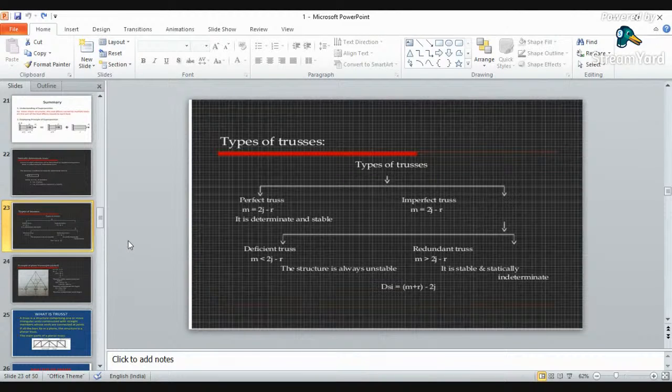Again, if you have collinear forces or concurrent forces, which meet at the same point, that will also be an unstable condition. So there are various conditions that can lead to structural instability, which depend on the practical approach, on how your structure will behave when it is put up. So instability and indeterminacy are two different concepts.